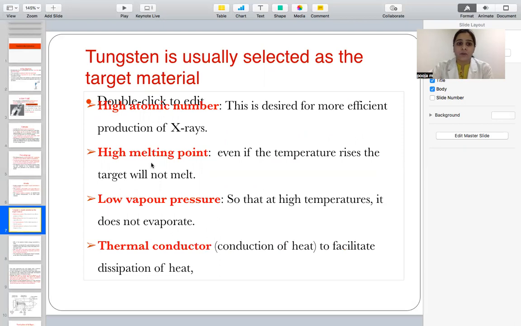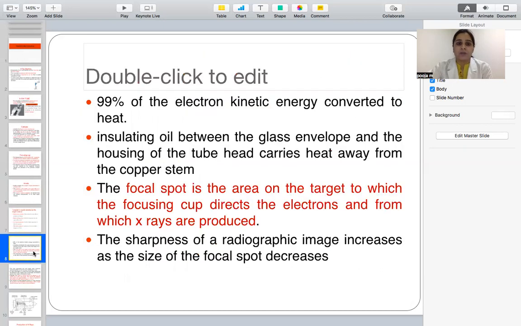During the production of electrons and X-rays, the heat within this machine raises the temperature, but because of its high melting point, the thermal changes will not cause the tungsten to melt. It has low vapor pressure, so even at a high temperature it will not evaporate, and it is a good thermal conductor. Because of these reasons, tungsten is the preferred material for the target in the anode.